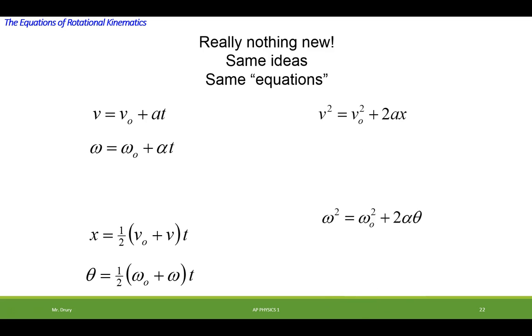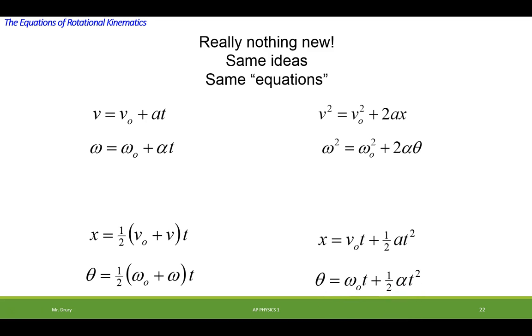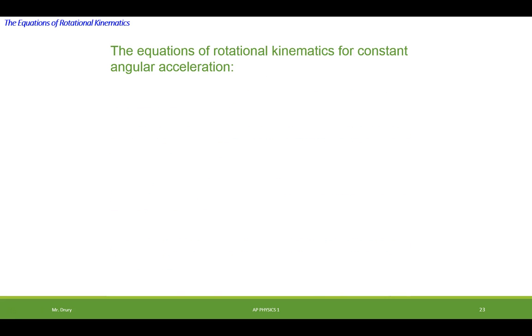Third equation, and its angular equivalent. Fourth equation, and its angular equivalent. So you can see there's really nothing new. We're just using different terms. Instead of using linear terms, we're using angular terms.